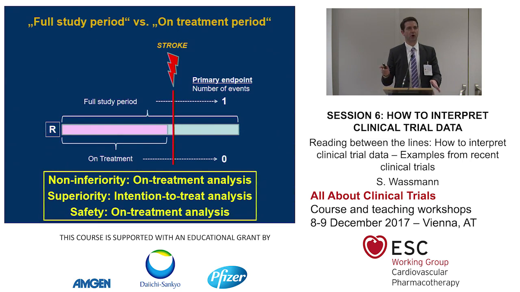Well, it could. There's always a kind of delay after that. So on treatment in this case always means you stop treatment and then you have a predefined time after that, so and so many days, weeks, whatever, to account for that. But obviously you want on treatment because you do not want to dilute your effects when the patient is not on drug. But there's always a pre-specified time period that is also covered for exactly that purpose.